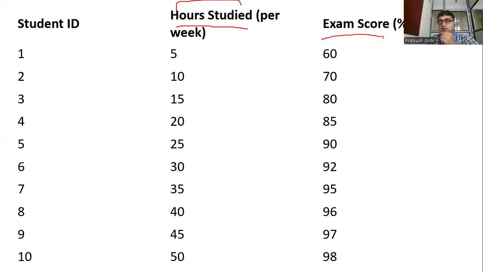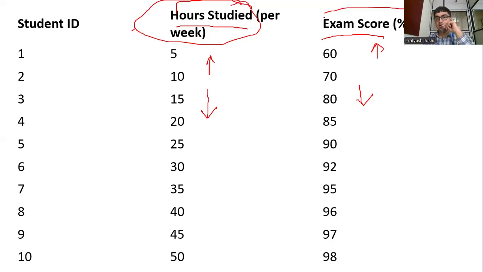In general, what you would expect is that if you increase the number of hours you are studying, very likely your exam score is also going to increase. On the other hand, if you reduce the number of hours you study, probably marks will also go down. So there seems to be a positive correlation between number of hours you study per week and your exam score.